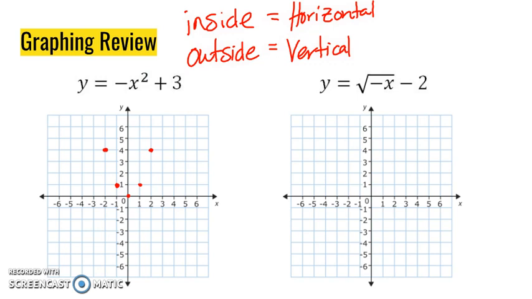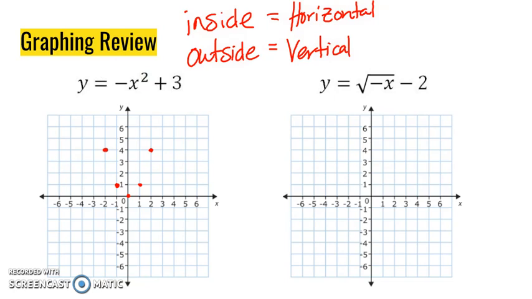If I'm dealing with negatives, negatives are going to cause your functions to flip. So my parent function here, the parabola, has a negative. Now if we remember, in order to be considering something on the inside in a parabola, it has to be inside of the parentheses. As you can see, there are no parentheses with this x squared, and that negative is definitely not inside of the parentheses.